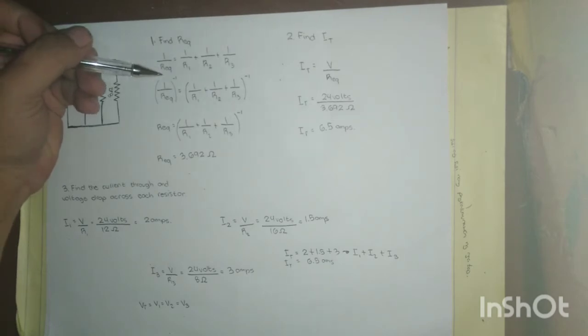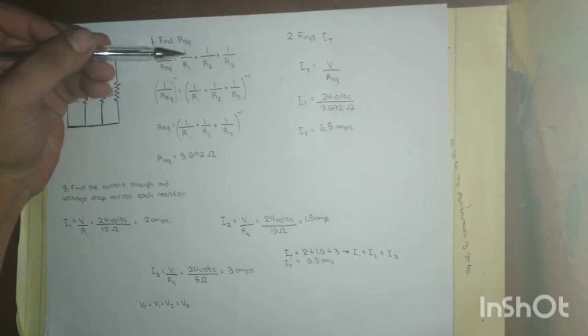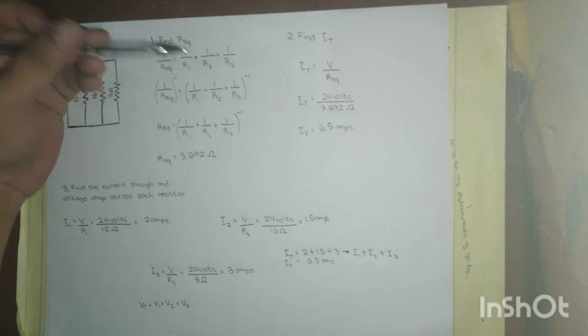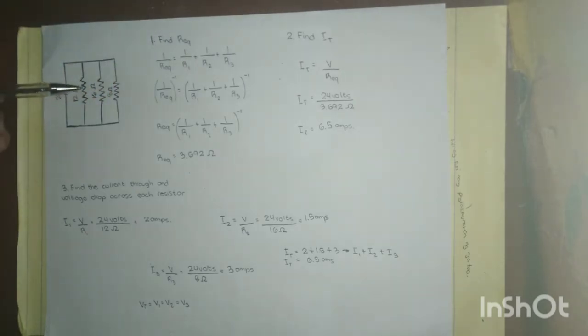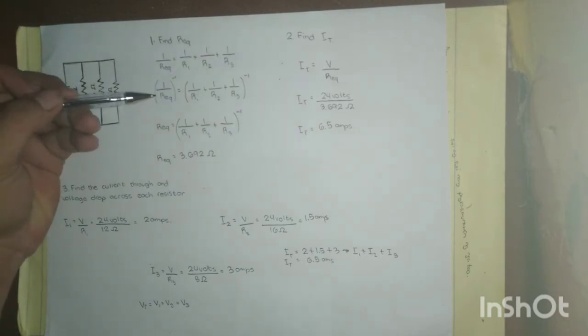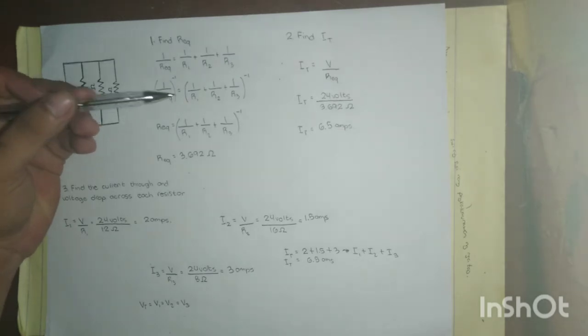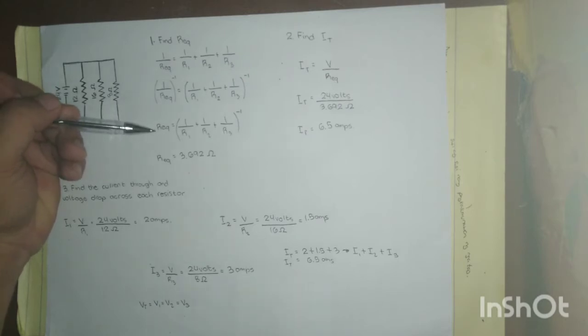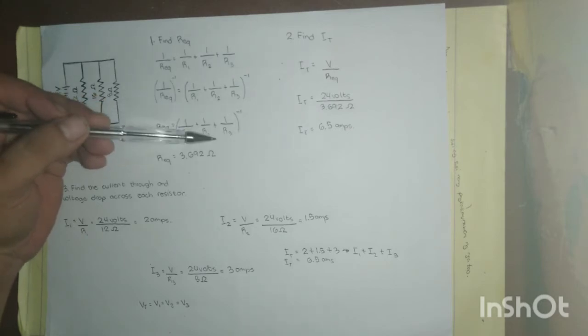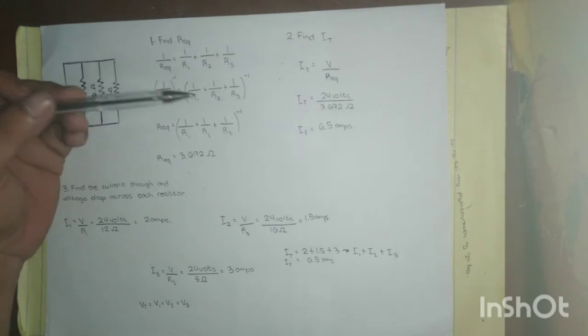1 over the equivalent resistance is equal to 1 over R1, or the first resistor, plus 1 over R2 plus 1 over R3. Since we have 3 resistors, to make it simpler, I raise both sides by -1. So the equivalent resistance is equal to (1 over R1 plus 1 over R2 plus 1 over R3) raised to the power of -1.